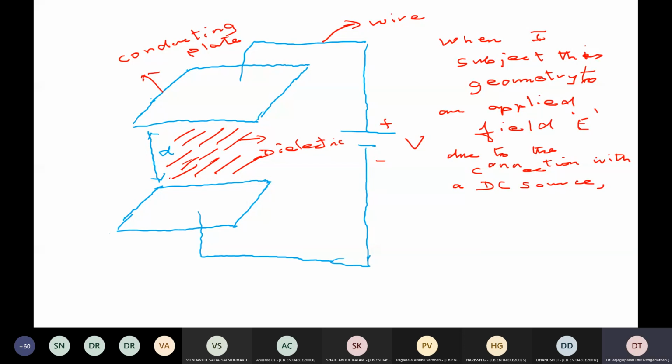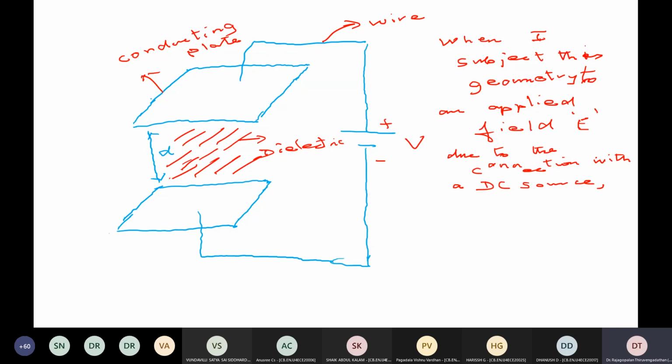This dielectric material consists of several atoms. If I look at the atomic picture, each of these atoms consists of a positively charged nucleus with negatively charged electrons revolving around the nucleus.